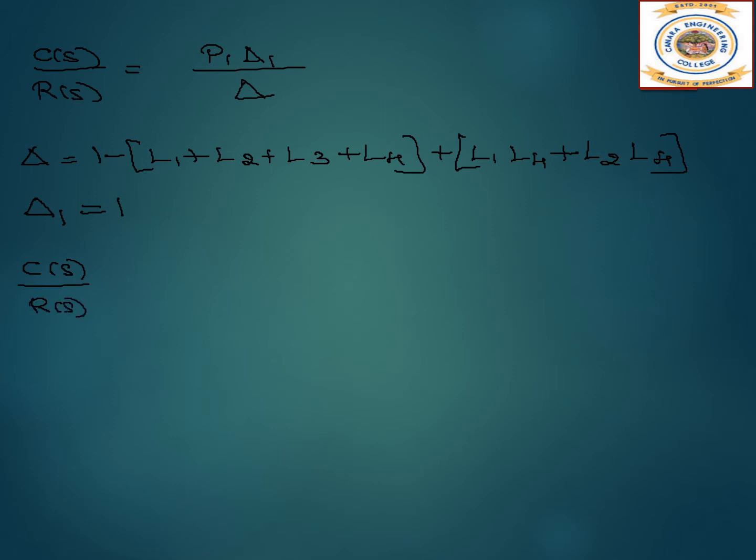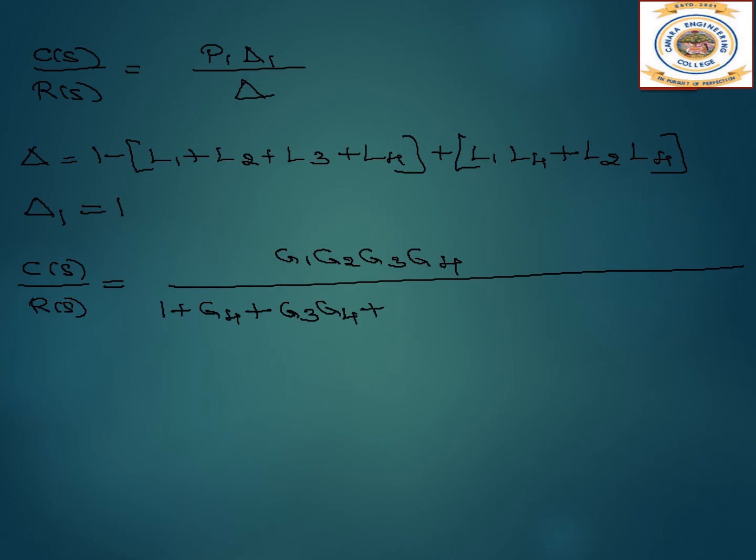C of S by R of S equal to, numerator has the forward path P1, G1, G2, G3, G4. Then the denominator has all the loop values. It is 1 plus G4 plus, negative, no, it becomes positive here, G3 G4 plus G2 G3 G4 plus the two non-touching, G4 plus G3 G4.